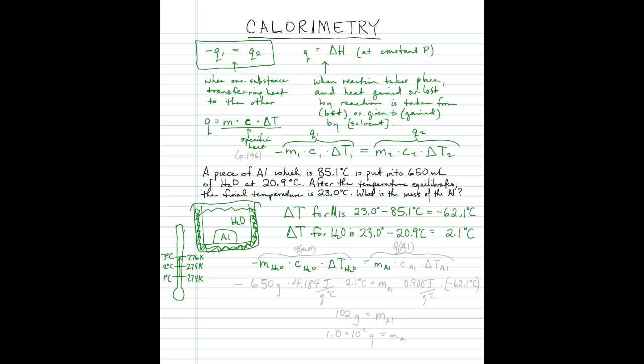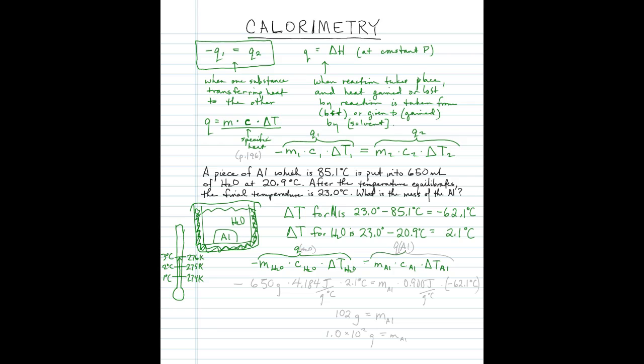And then we get the specific heat for water. It actually happens that for water, it takes 4.184 joules to move 1 gram of water 1 degree Celsius. Where'd I get that?